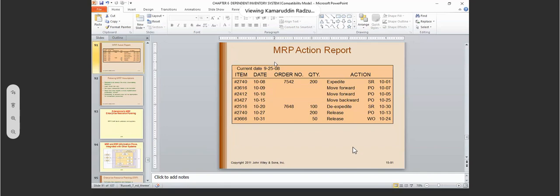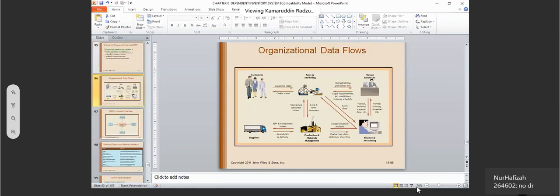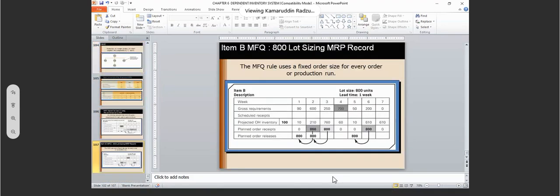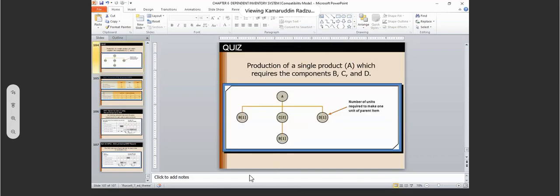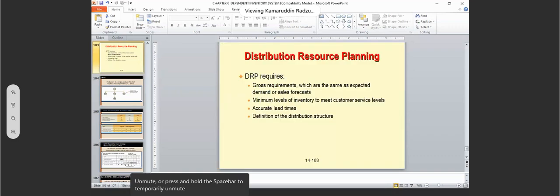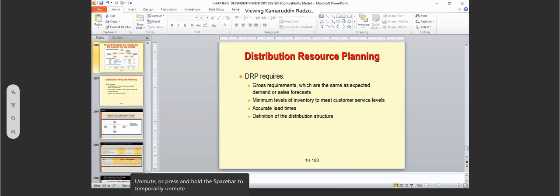Ada soalan tak? Okey, kalau tidak ada, saya rasa kelas kita sampai di sini saja. Slide yang seterusnya tu saya minta kamu study sendirilah, boleh? Slide yang last ni banyak repetitif daripada production operation management sahaja.